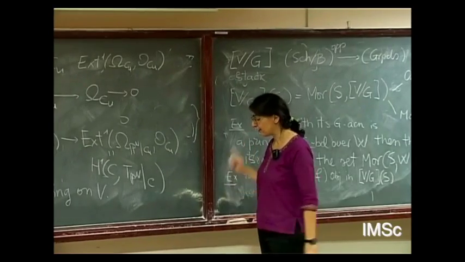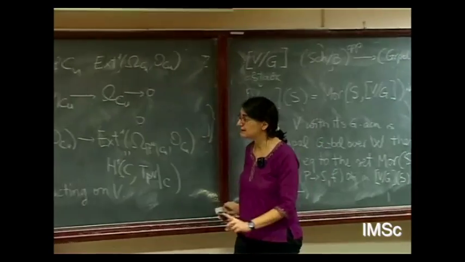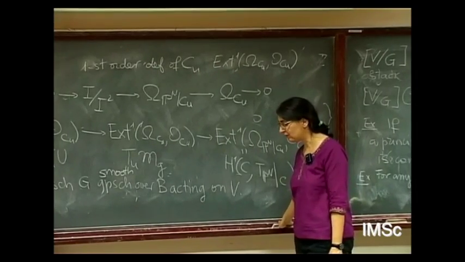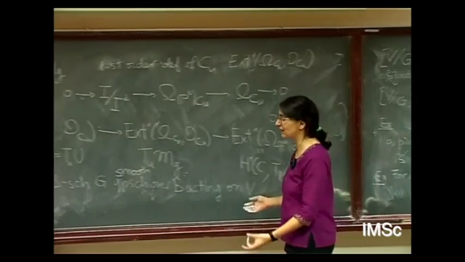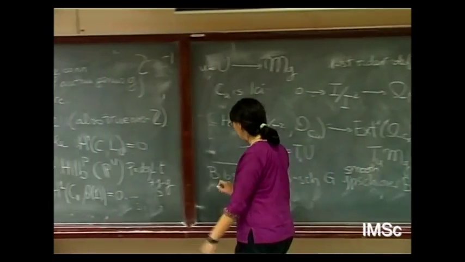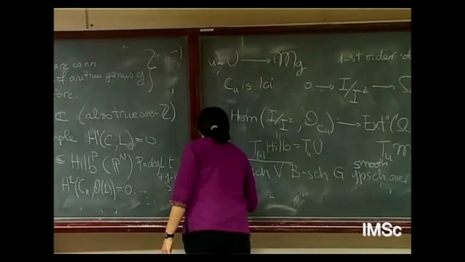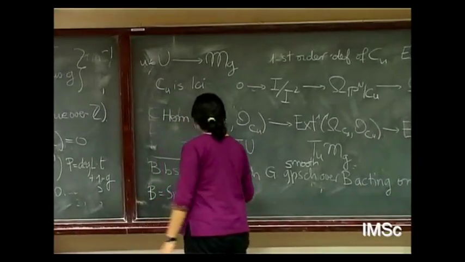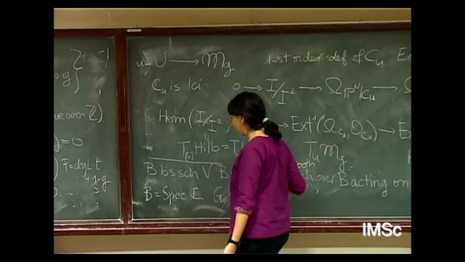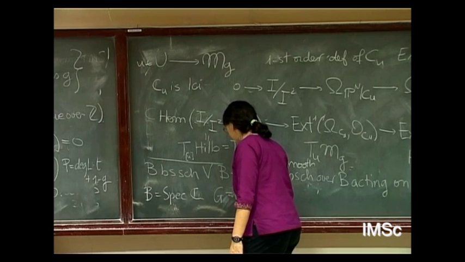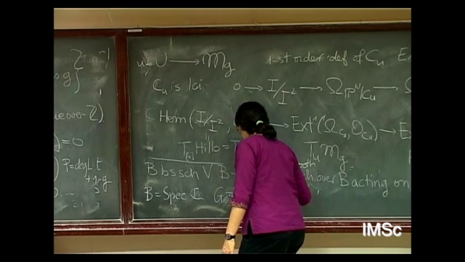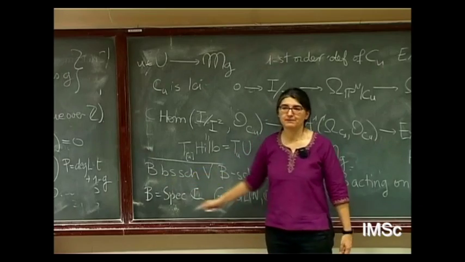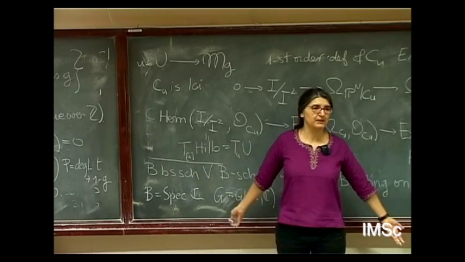And before I leave, let me tell you one thing I suggest you think about, namely a special case: if B is a Spec C, and for instance G is a nice affine group, for instance GL_N, then G acts on B, and it acts on B in the obvious way.